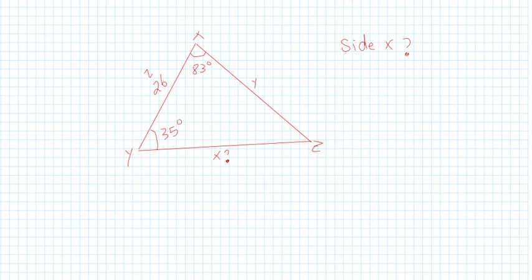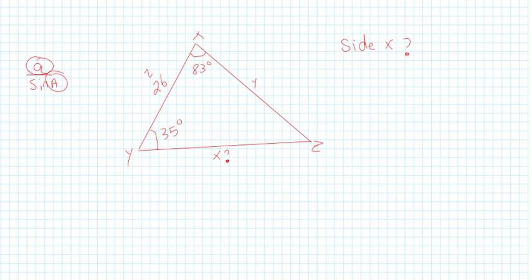Because remember that when I have the ratios, let's say, a over sine a, I need to know either side a or angle a, right? In this case, I'm looking for side X, so I have angle X.